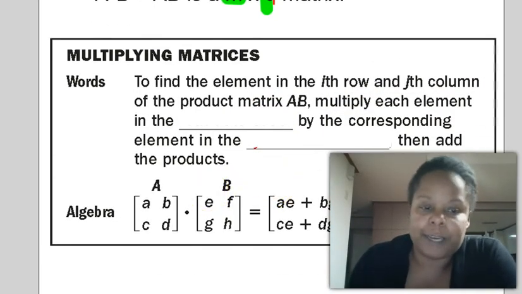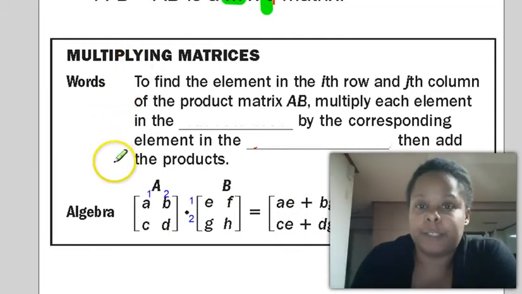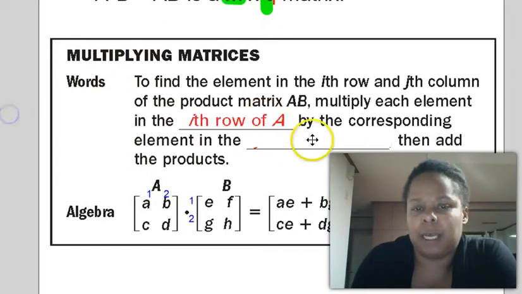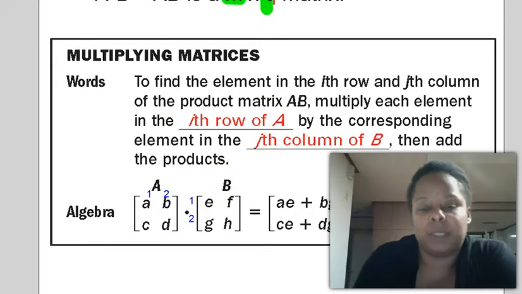How you do that is a little bit trickier than the rest. Now here are the words to how you describe it to multiply the matrix: ith row of A, jth column of B. But to me, it helps to describe what's going on.